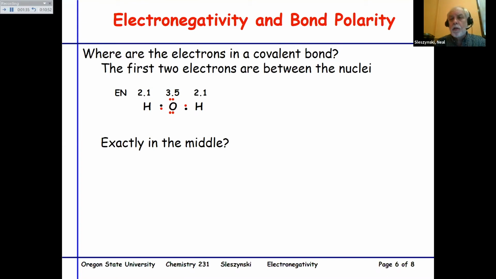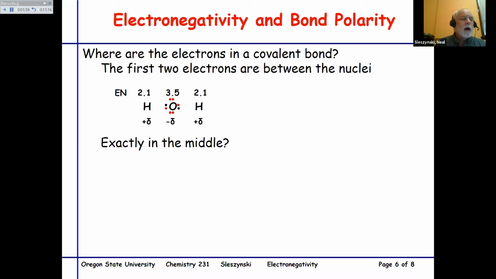If we take a look at the electronegativity values from the previous periodic table, we see that oxygen has an electronegativity value of 3.5. Hydrogen has an electronegativity value of 2.1, which means that those electrons are going to spend time closer to the oxygen than they will with the hydrogen.